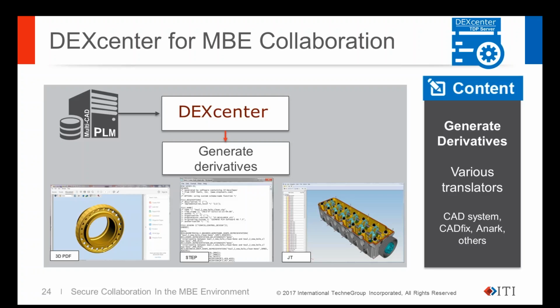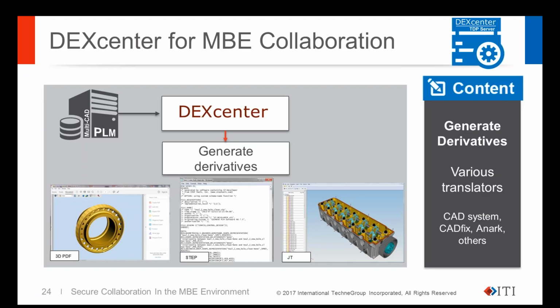It can do that using a variety of different translators, the native CAD translators themselves, as well as ITI's CADFix product, which can directly translate from native models to STEP, IGES, or JT. We support the Anarch translator, for instance, to generate 3D PDFs. And the structure of DEXcenter is such that if you have your own favorite translator, that can be plugged in as well. So all that can be automated to generate these different derivatives.